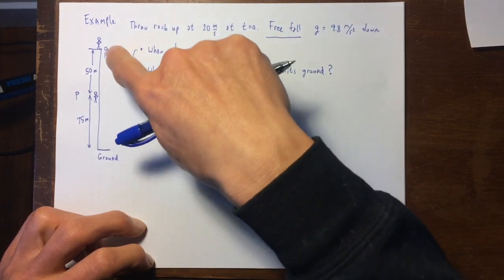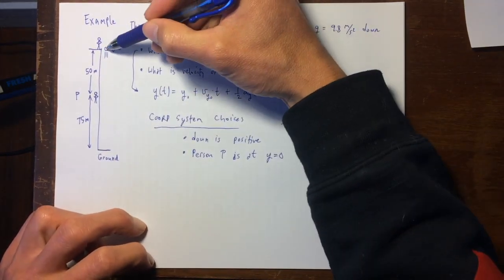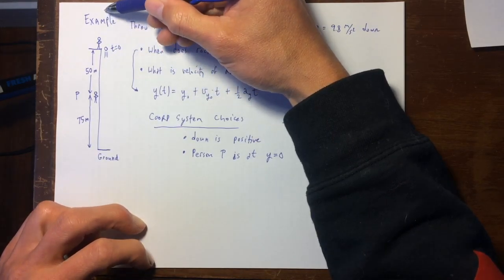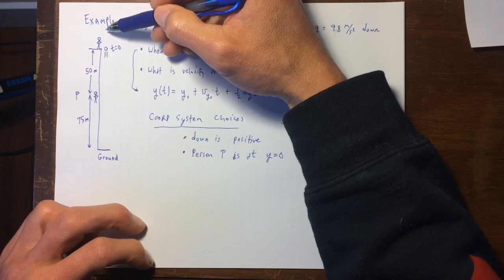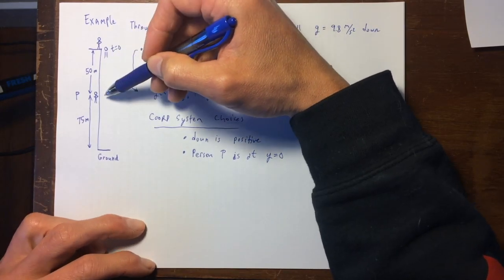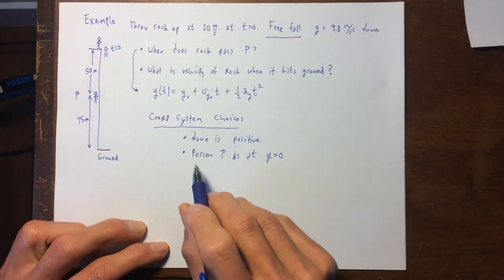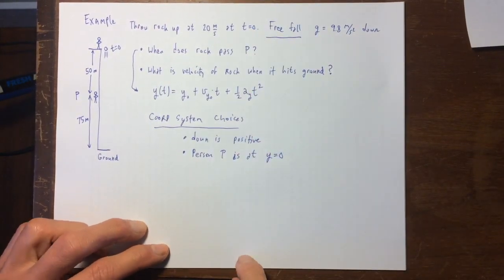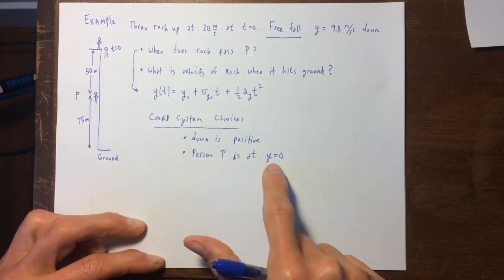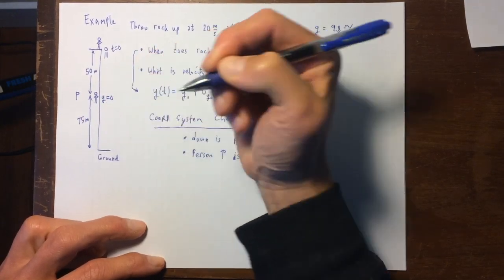T equals 0 is just going to be right at the start of the problem. So the ball will start on the way up at t equals 0, go up to some high place a little bit later, turn around and come down right through the same place even later. Even later than that it's at P, and then even later than that it's at the ground. But t equals 0 is actually already described in the problem. But down is positive, and the person P is at y equals 0. So this is y equals 0.